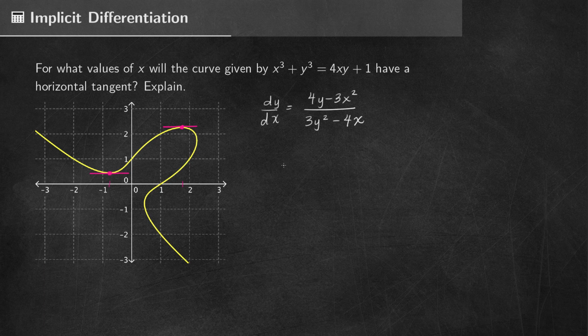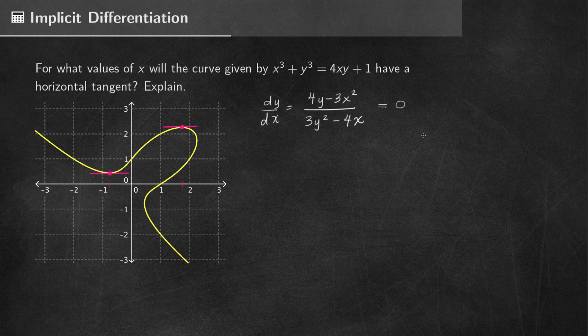If the tangent line is horizontal, that means it has a slope of 0. So really I want to know, where does my slope equal 0? And I have this slope equation that we found from the last part of the question. When does this derivative equal 0? So we're going to set it equal to 0 to find a horizontal tangent.